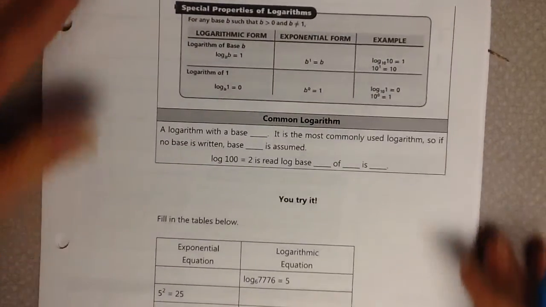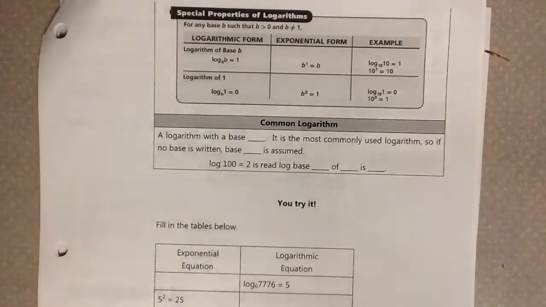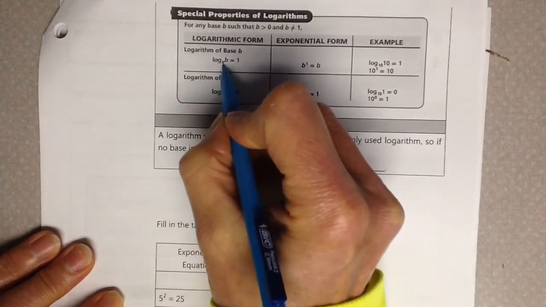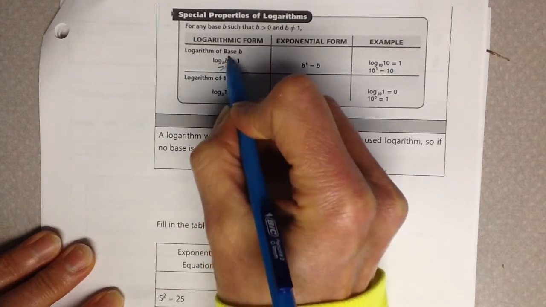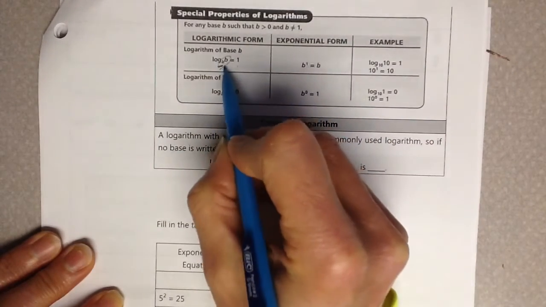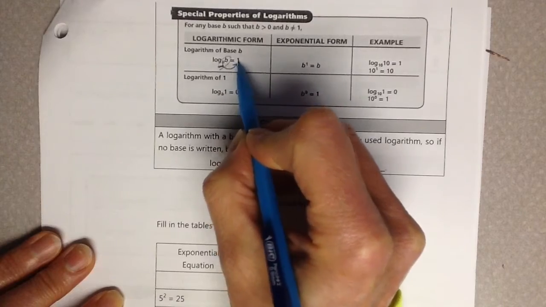All right, now there are some special properties of logarithms. If the base and the number that follows the base are identical, that equals 1.